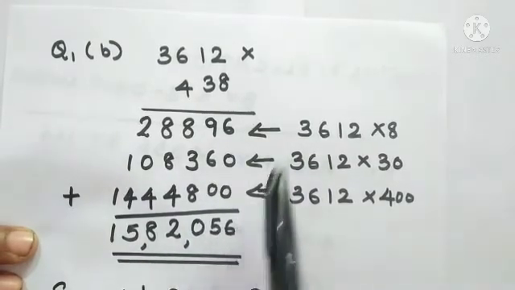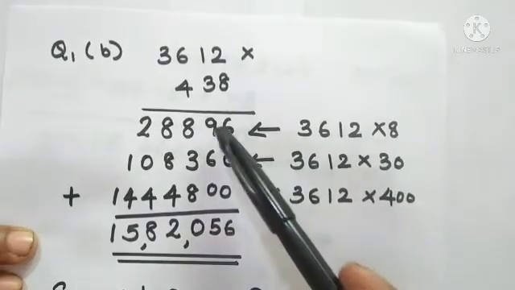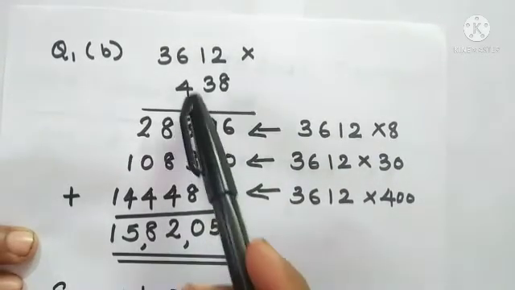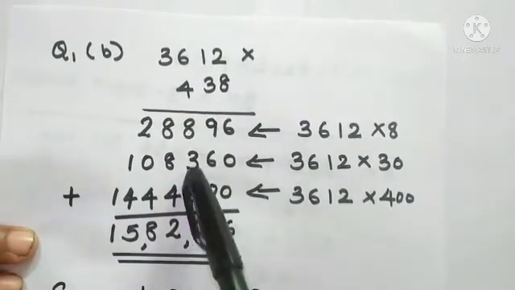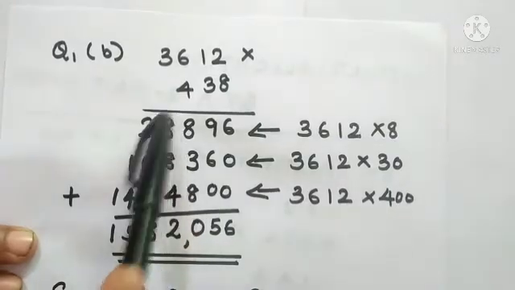We will get 6 plus 0 plus 0, 6. 9 plus 6, 15. 5, 1 balance. 8 plus 1, 9 plus 3, 12 plus 8, 20. 0, 2 balance.